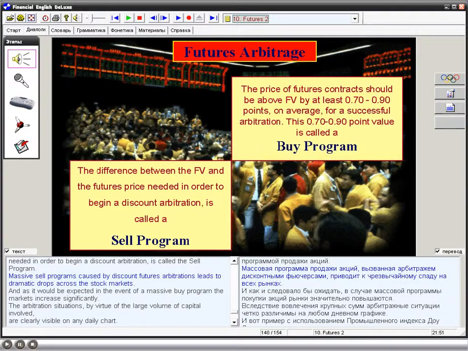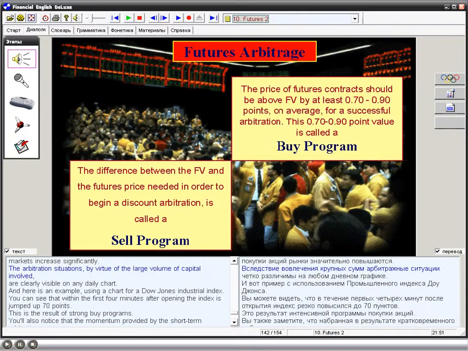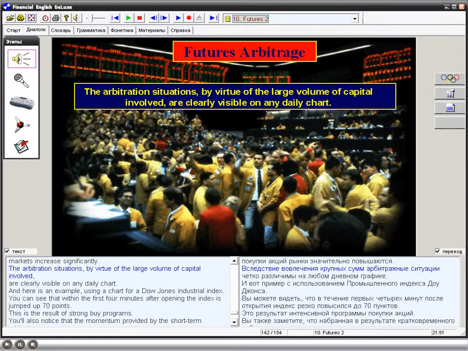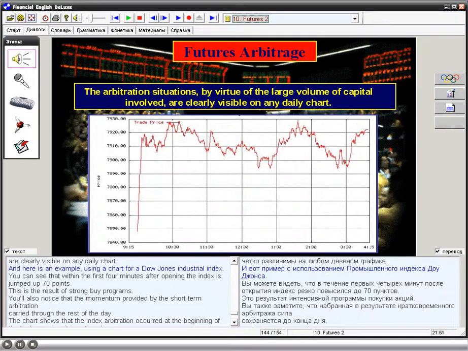Massive sell programs caused by discount futures arbitrations lead to dramatic drops across the stock markets. And, as would be expected, in the event of a massive buy program, the markets increase significantly. The arbitration situations, by virtue of the large volume of capital involved, are clearly visible on any daily chart.